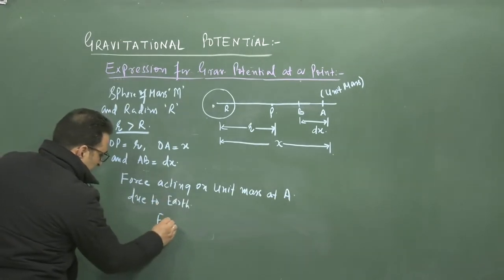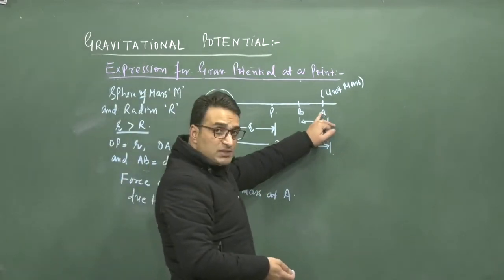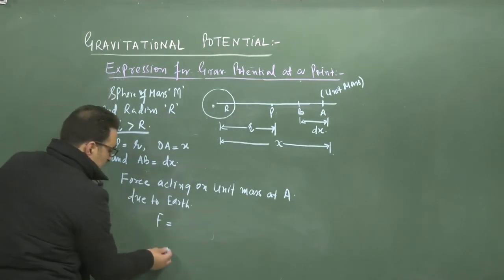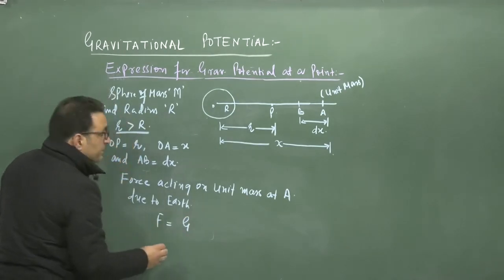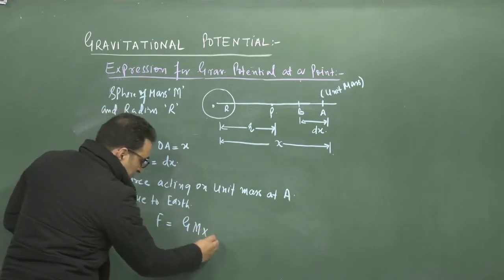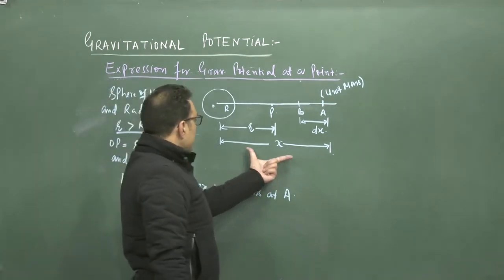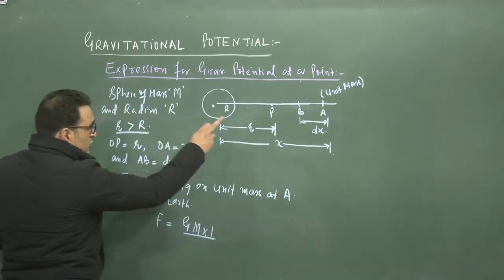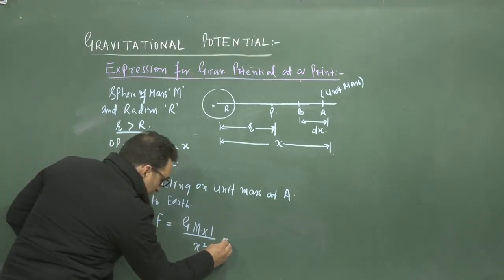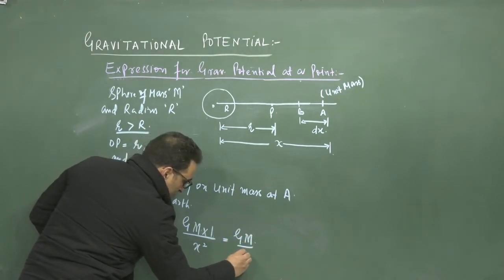That force can be written as, this is the gravitational force experienced by this unit mass at point A due to earth. Now I can write this as F is equal to G, mass of earth m, unit mass which is 1 divided by the square of the distance separating point O and point A. Therefore this will be x square, and this can be written as GM by x square.